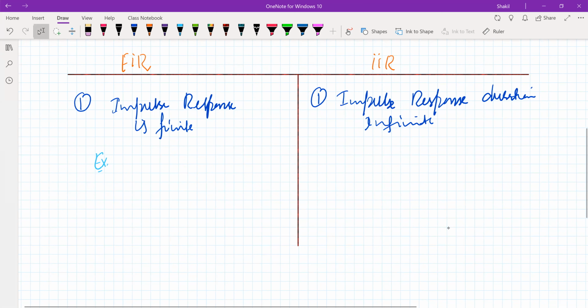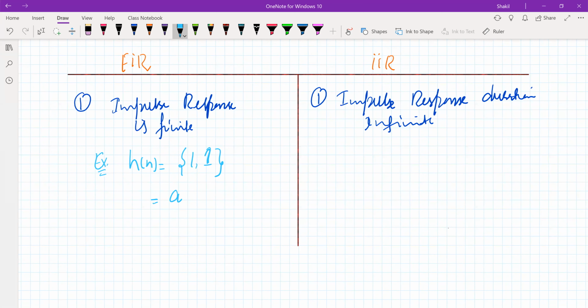Now an example of this: h of n, the impulse response of this finite impulse response filter, is, for example, let me give a very simple example, 1 comma 1. So this is a finite impulse response and the duration is from 0 to 1, right? Or you can say h of n is, let's suppose, 2 raised to the power minus n u of n, where n is from 0 to 4 and it's equal to 0 otherwise.